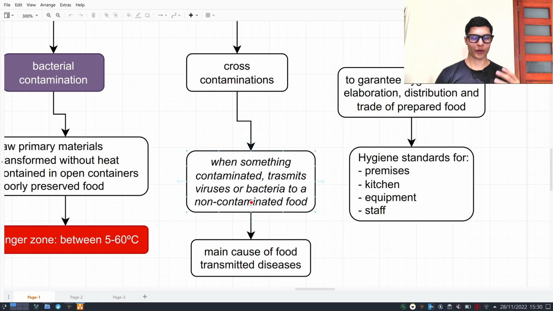Well, guess what's going to happen? The salmonella that comes from the chicken is going to be transmitted to the vegetables that don't contain that bacteria. So that's a cross-contamination.